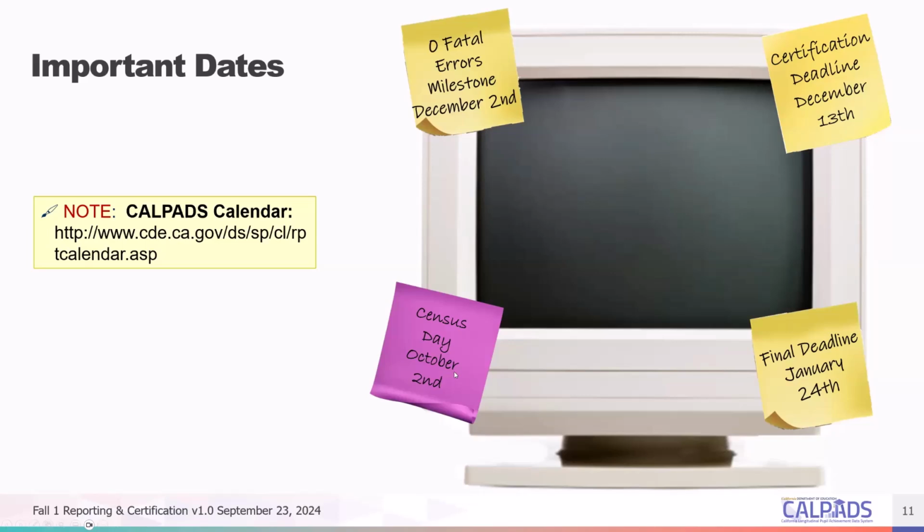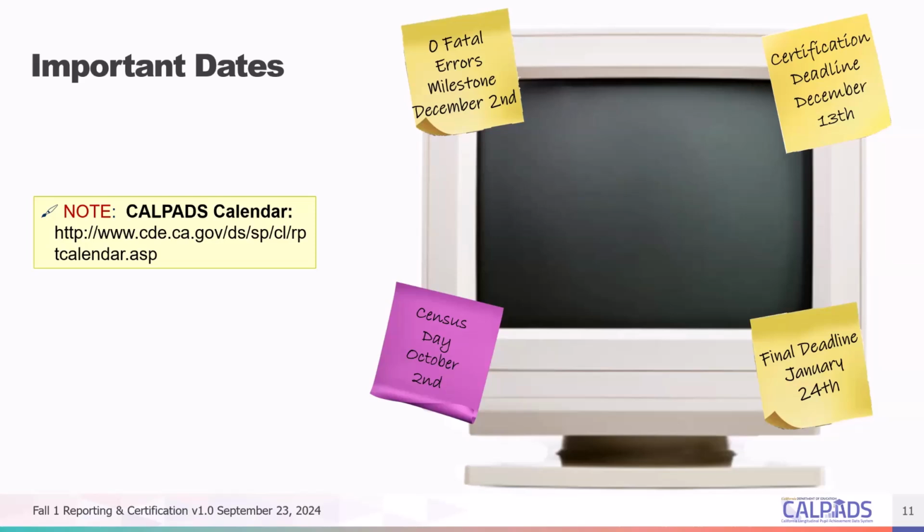Yesterday was Census Day, October 2nd. The relevance of Census Day is that all the reports that we certify later on, all the data that's used to determine your P1 counts, is reflective of yesterday. So regardless of whether you certify at the end of November or in December sometime, we're not looking at those counts for that time of year.